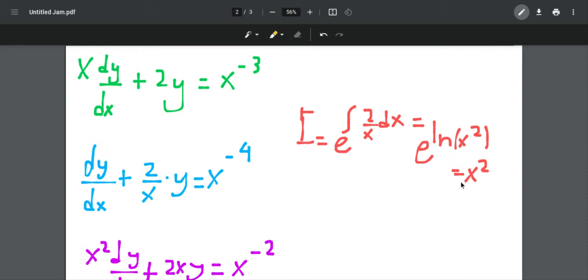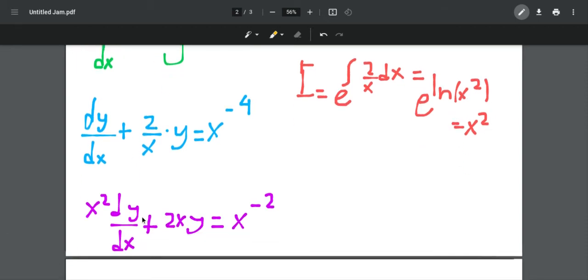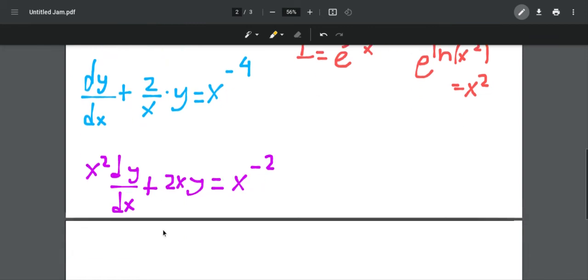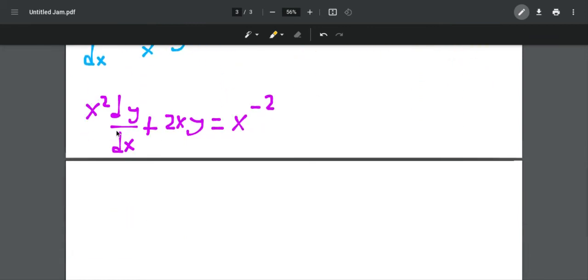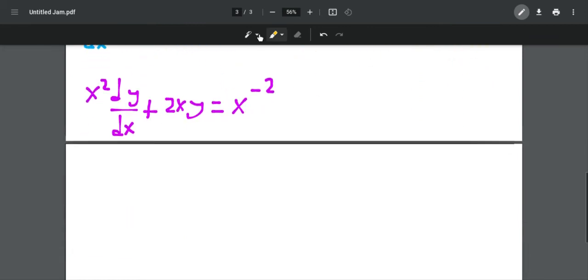I found x squared, multiplied the whole equation by it, and got this. But remember, the left hand side is just the derivative with respect to x of the product of y and the integrating factor, which is x squared.